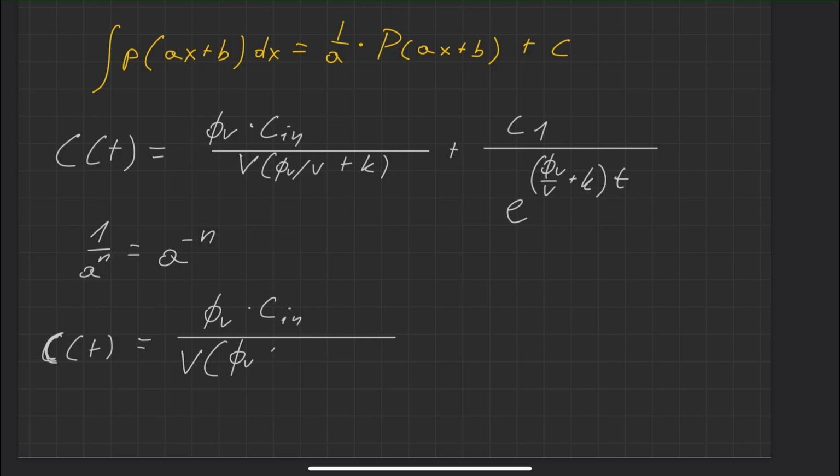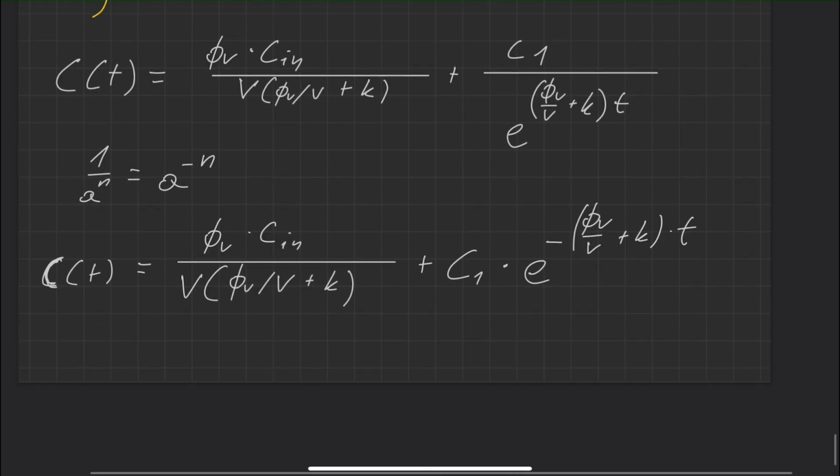Volumetric flow rate divided by volume plus k plus C1 times e to the power of minus volumetric flow rate divided by volume plus k times t.